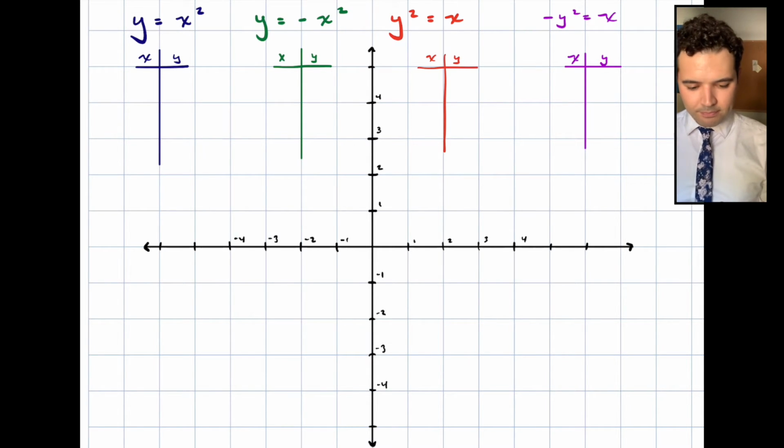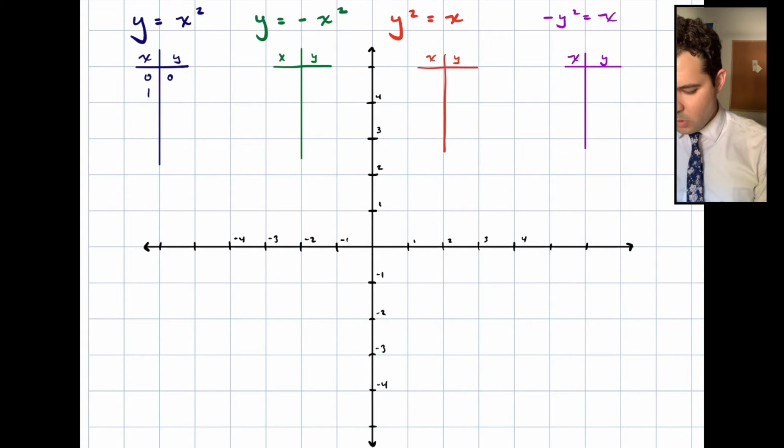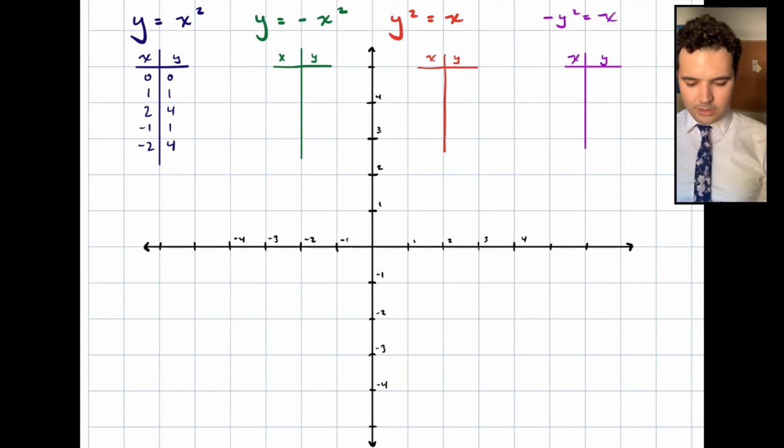Now, I know that you already know what y equals x squared looks like, but just for the sake of it, I'm going to plug in something like 0, 1, 2, negative 1, and negative 2 in here. And we see the symmetry between these two.